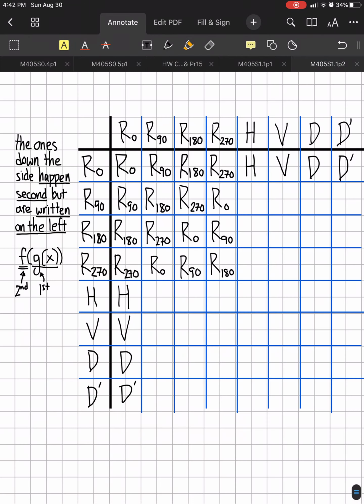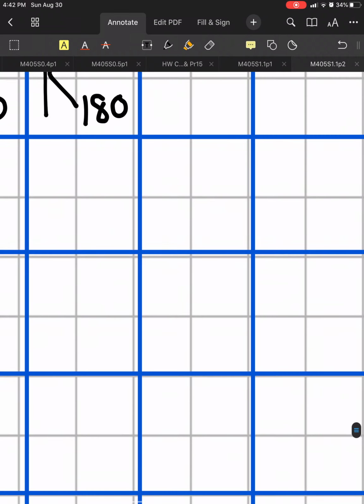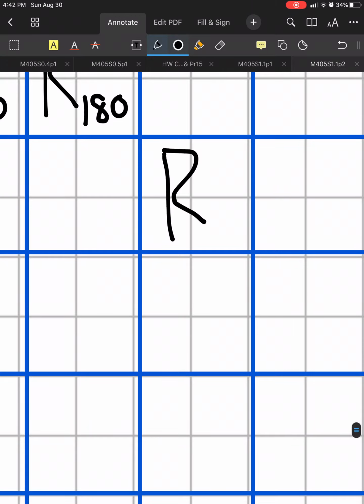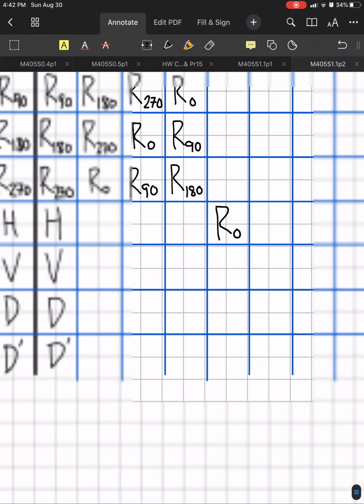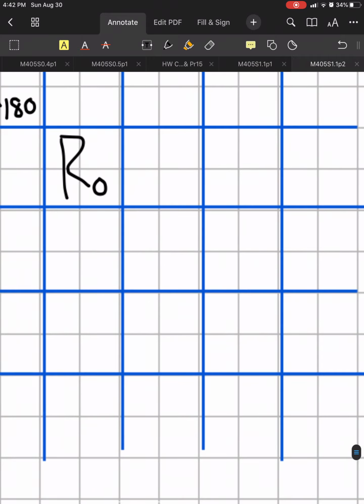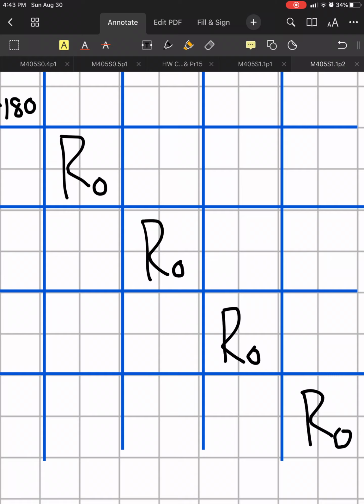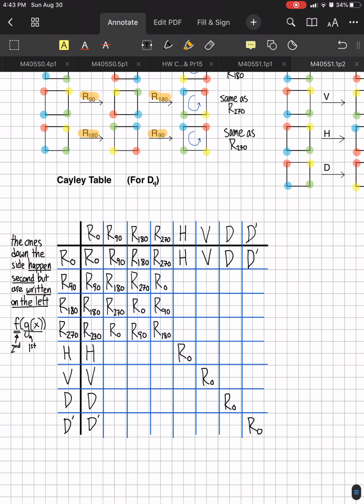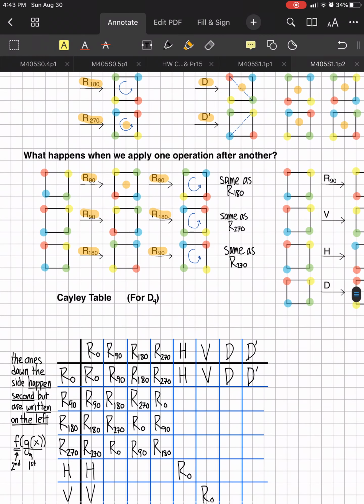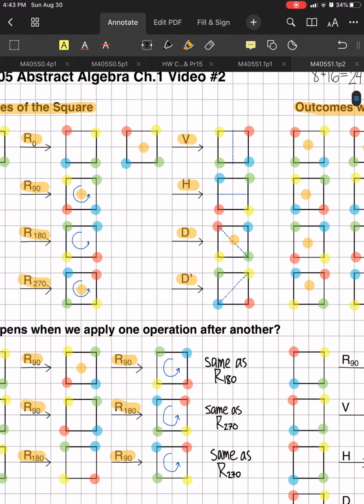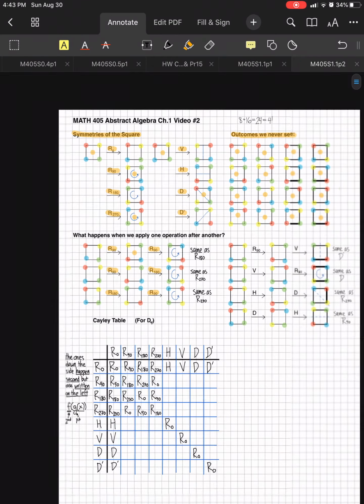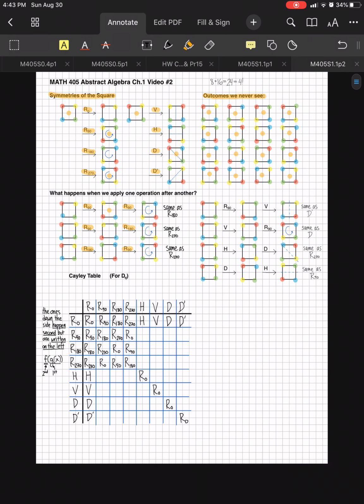If we think about what happens if we do a horizontal flip followed by another horizontal flip, well, that should get us back to where we started. In other words, no end result changes. Same thing should happen with a vertical flip followed by a vertical flip, or either of the diagonal flips followed by themselves. So we should get R0 all the way down there. If we flip something side to side and then flip it back, it goes back to where it started.